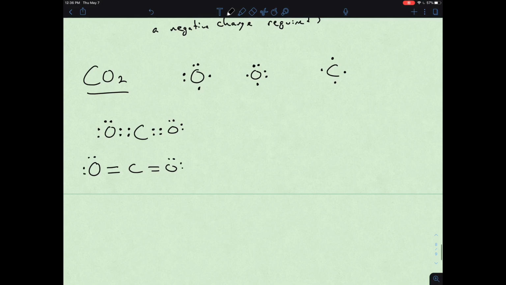If we were to calculate the formal charge on each one of these elements within CO2, I can already tell you that it's 0, because I know that the oxygen used its unpaired valence electrons in both cases, and I know the carbon used all of its unpaired valence electrons as well. But we can still do the exercise.